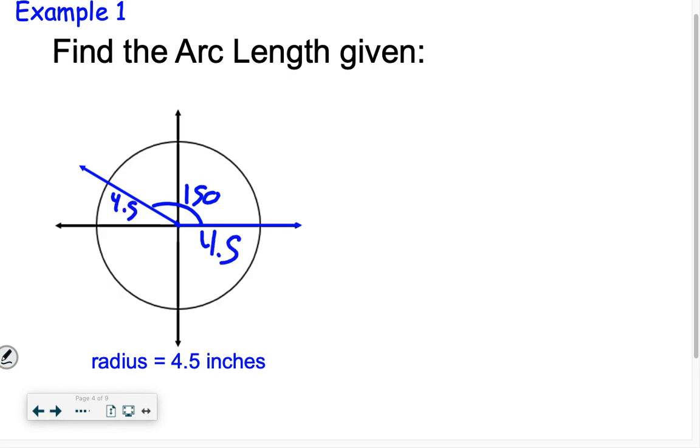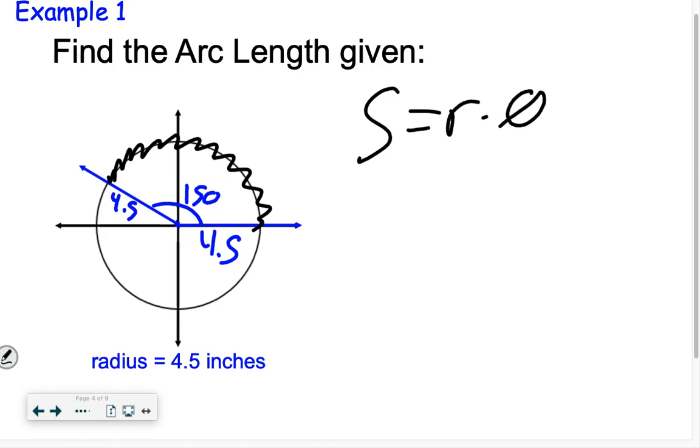And so arc length, they're asking us to find the arc in between these two rays, okay? So arc length is S. So S equals R times theta. Well, R is 4.5. And now, hopefully, we know we don't plug in 150. You have to convert into radians first.